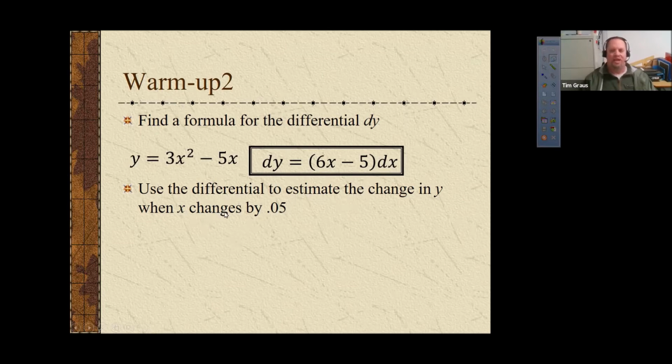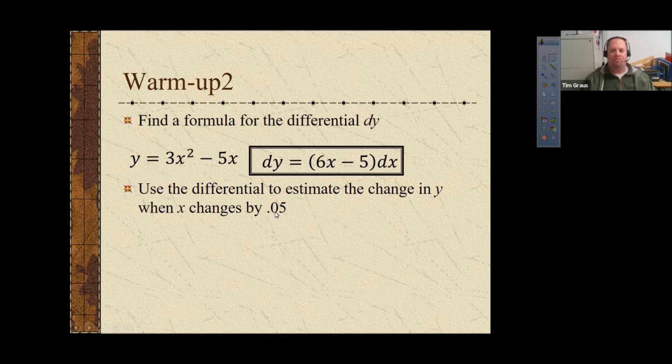If I change x by 0.05, I'm going to have a different change in y depending on where on the parabola I am. If I'm close to the vertex of the parabola, changing by 0.05 is not going to cause the y value to change very much.